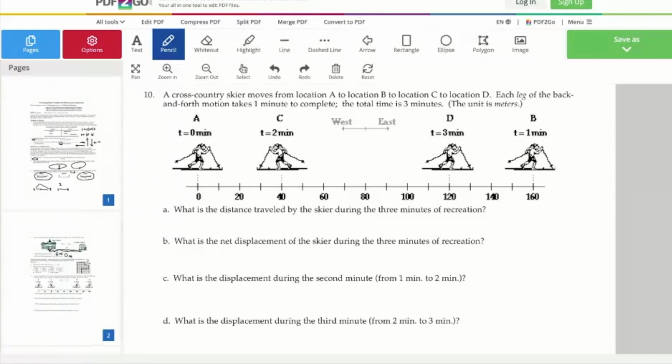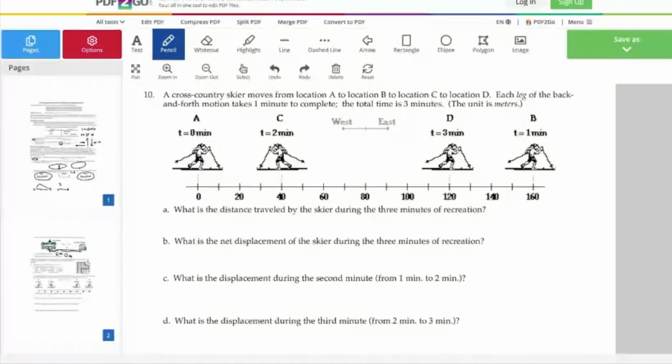Let's double check our math. Be really careful, and look at where the skier is going at each point.